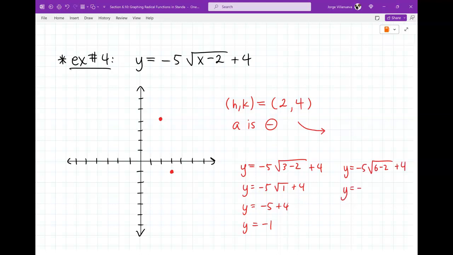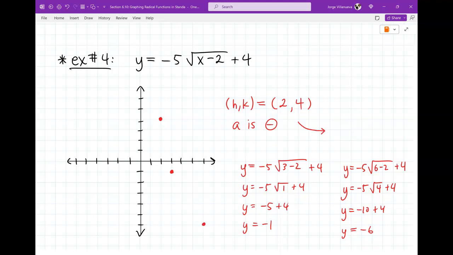So y is equal to negative 5 square root of 4, plus 4. The square root of 4 is 2, and 2 times negative 5 is negative 10, plus 4. Negative 10 plus 4 is negative 6. So at 6, 1, 2, 3, 4, 5, 6, I'm going to be at negative 6. That's 1, 2, 3, 4, 5, 6.